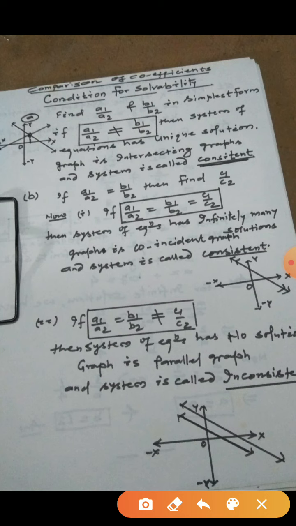Now take the other situation. Since a1 by a2 is already equal to b1 by b2, and we have calculated c1 by c2, now suppose that c1 by c2 is not equal to this equal pair, that is, a1 by a2 equal to b1 by b2 but not equal to c1 by c2.